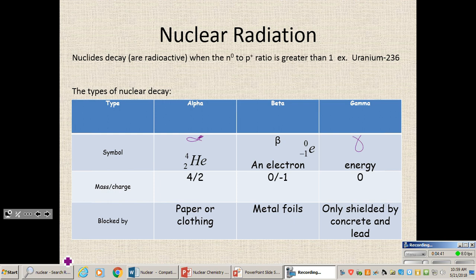There are particles all around us and they can be blocked very easily. Beta particles, you have a sheet of aluminum foil, put that on your head, and you've blocked the beta particles. Some people wear metal hats. And then gamma radiation is really only shielded. It's not blocked at all, but it's shielded by layers of concrete and then lead.